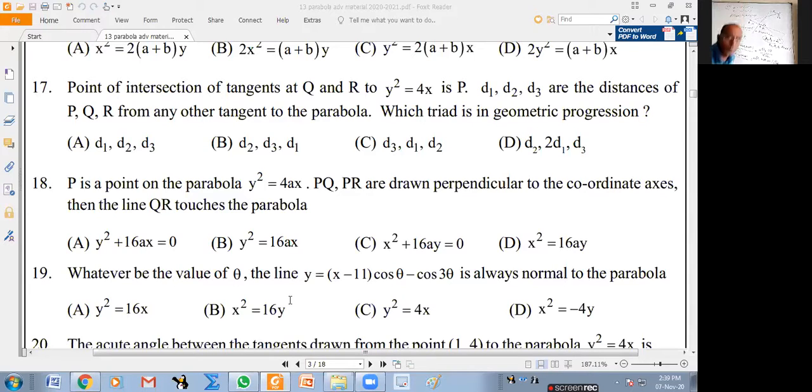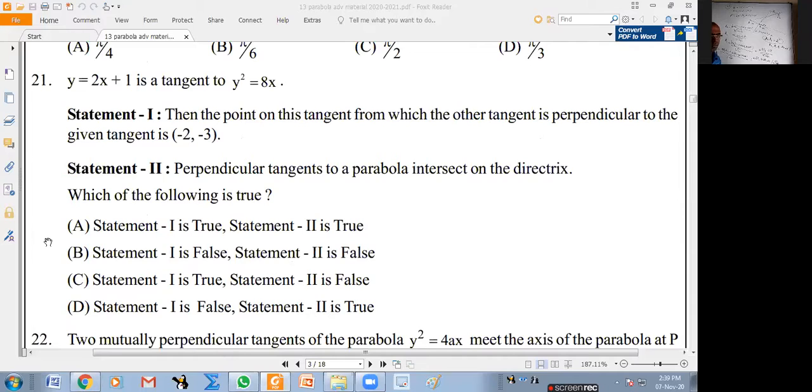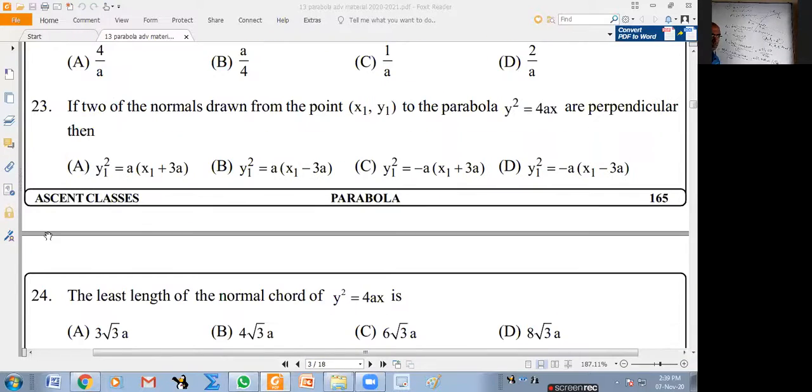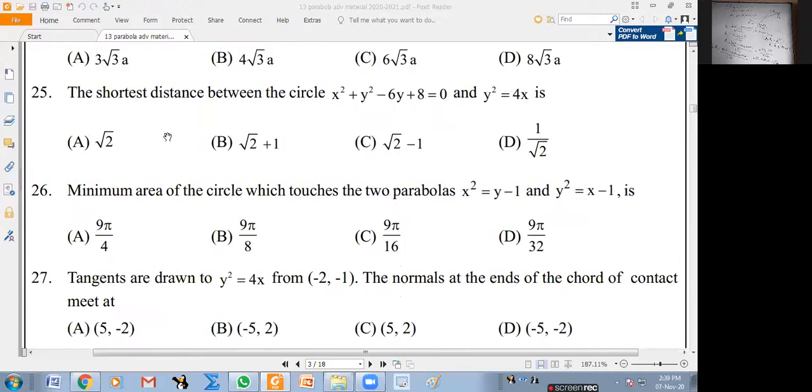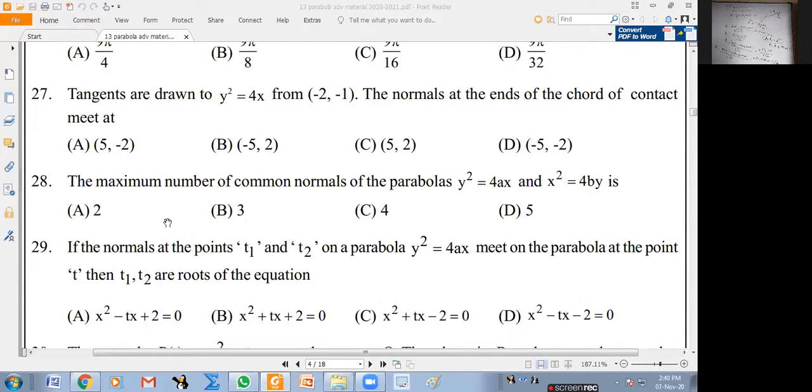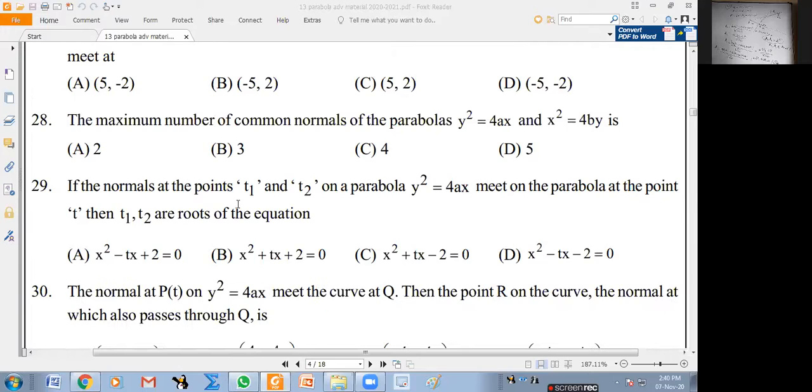All right. 19, anybody doubt? No. 21, anybody doubt? 23. 25. 27. 29.